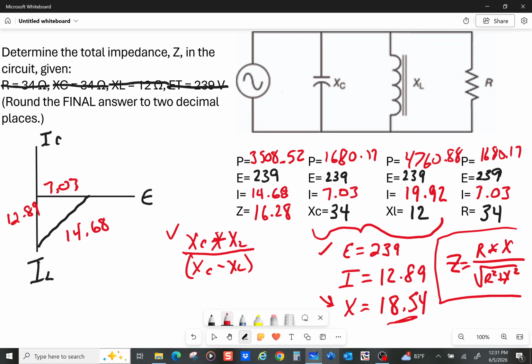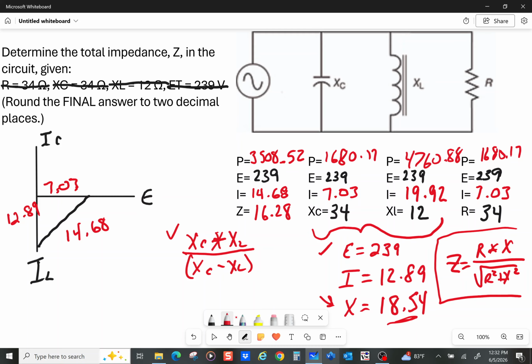But we can solve for power factor, just like we have been for everything in parallel. We can do the true power, 1680.17 divided by 3508.52, or we could do Z over R, 16.28 divided by 34.